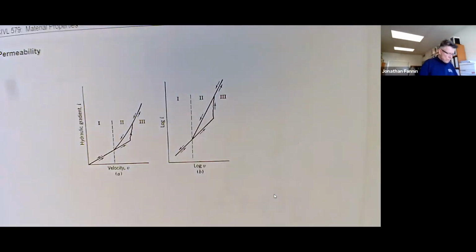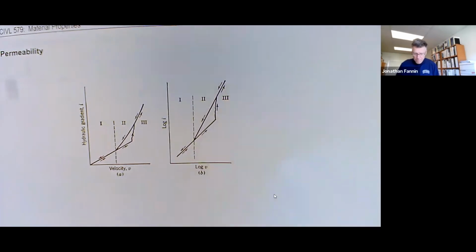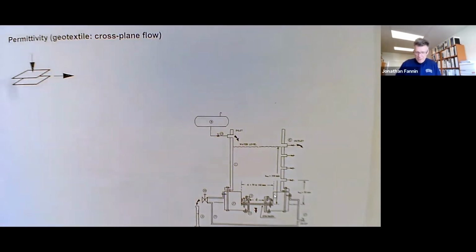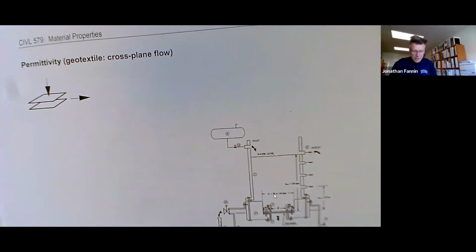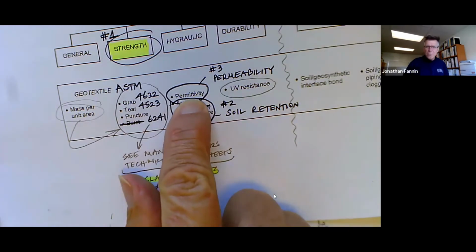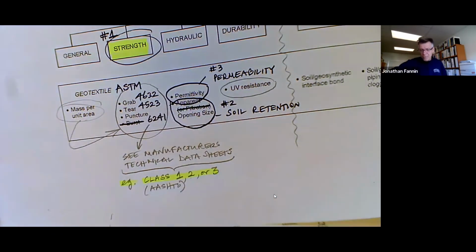I could choose to dive straight into this page, because permittivity is the named ASTM term, the permittivity or cross-plane permeability. I could jump in right there and that would be done.